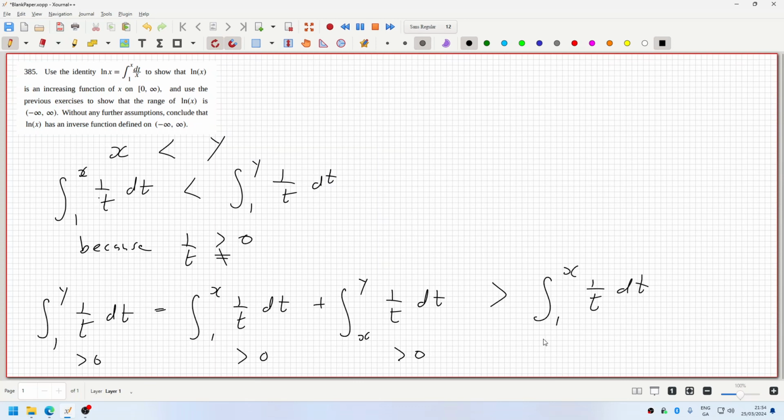So this shows that it's increasing, because this is equal to log x, and this is equal to log y.